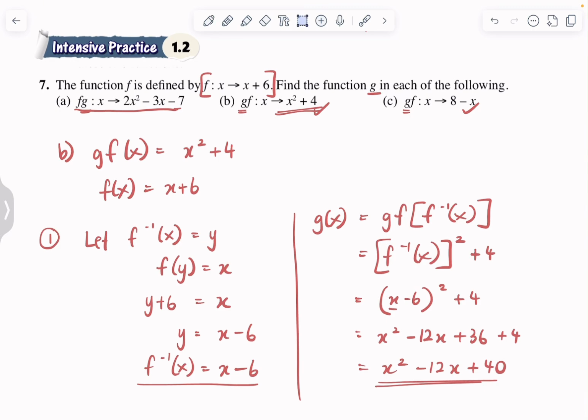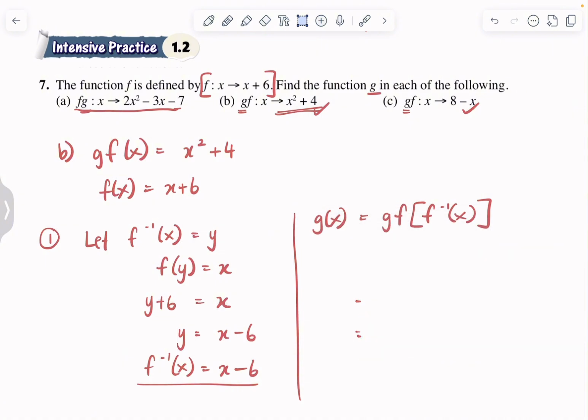Same thing applies for question (c). So question (c), we can use the same method. If you want to find g(x), we have to sub the f inverse(x) into our g(f).